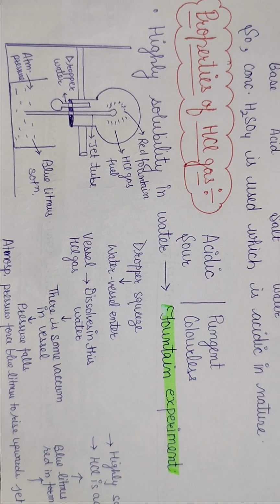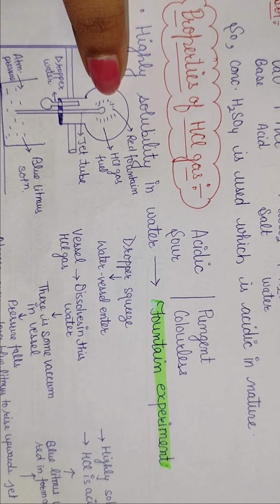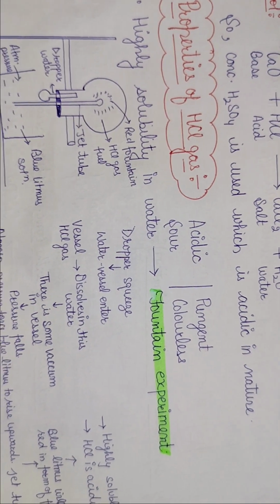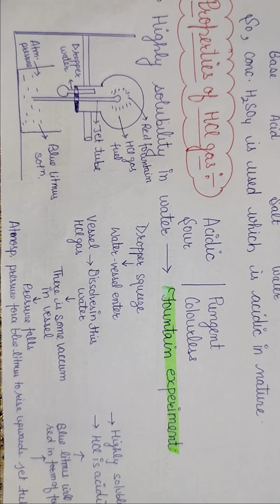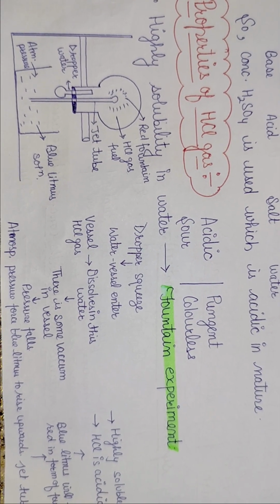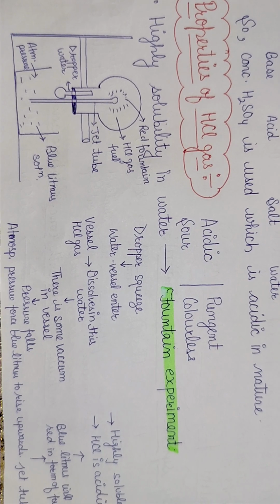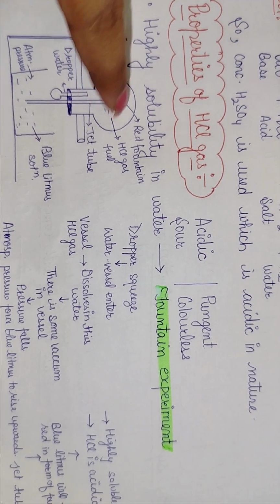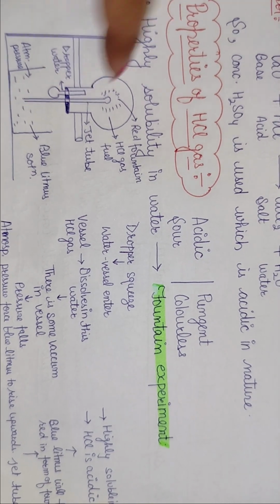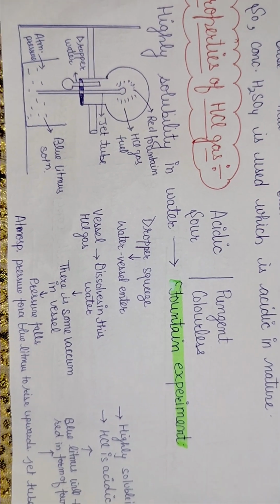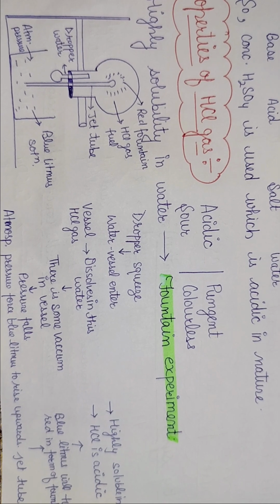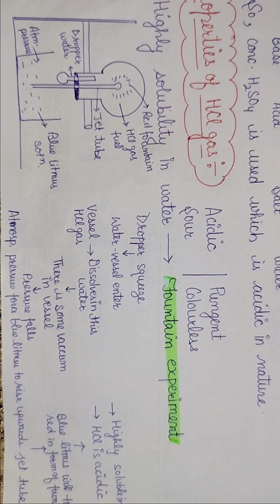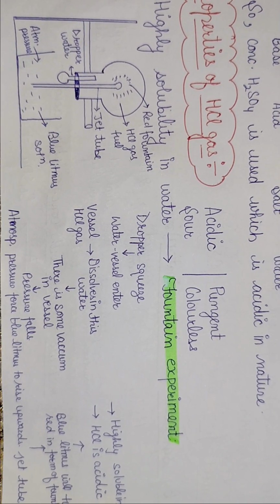HCl gas is contained in this flask. Whenever we squeeze this dropper which contains water, the water enters this flask. The vessel has HCl gas, and this HCl gas dissolves in this water.